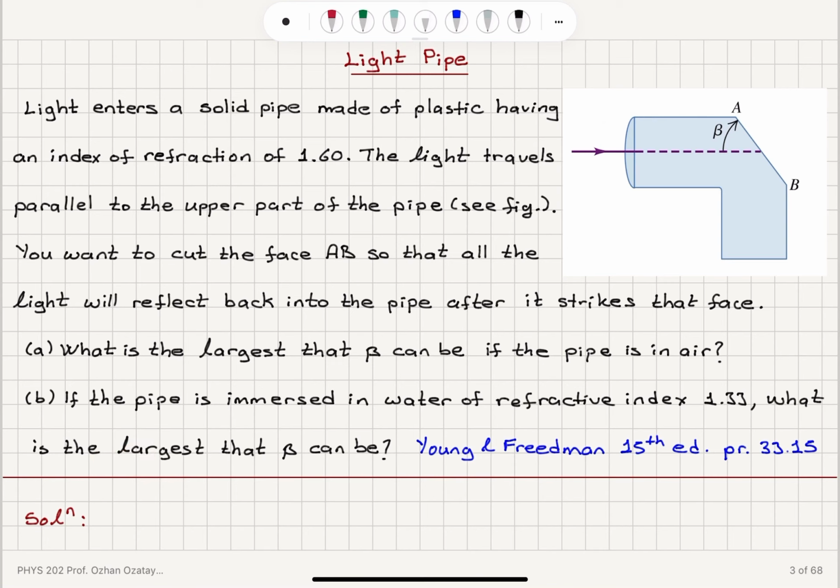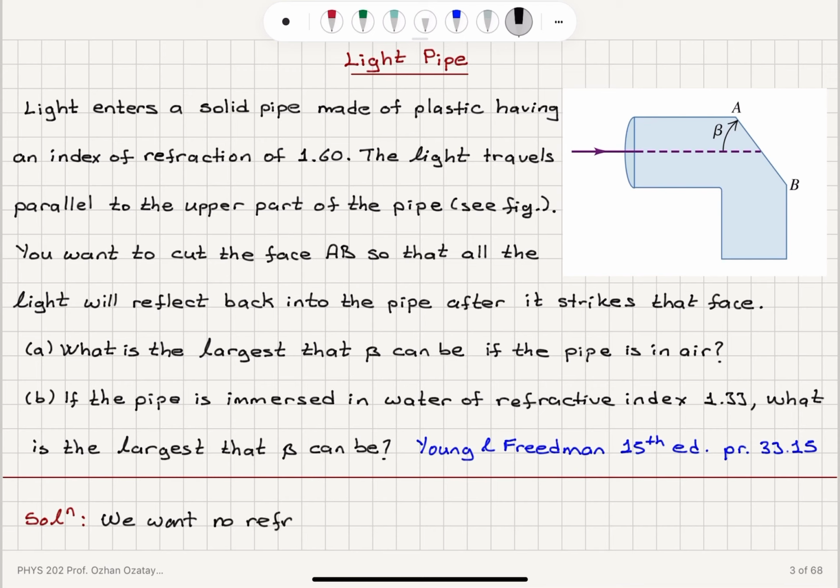So what is the meaning of asking this light beam to be reflected and basically stay all the way in the pipe, so it reflects back into the pipe? That means there's no refraction, so none of the light energy will be transmitted into the air or the water in part B. So basically we want no refraction.